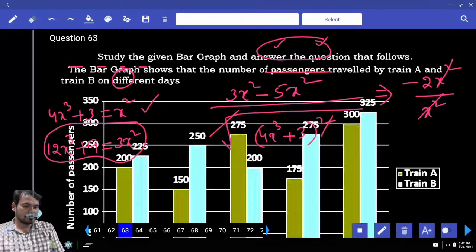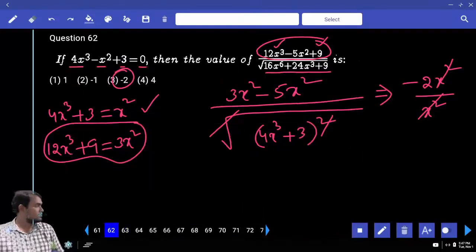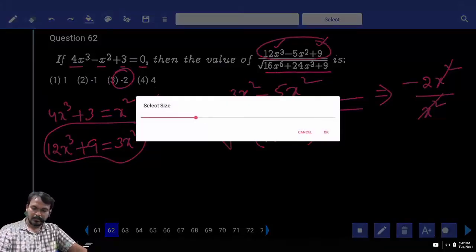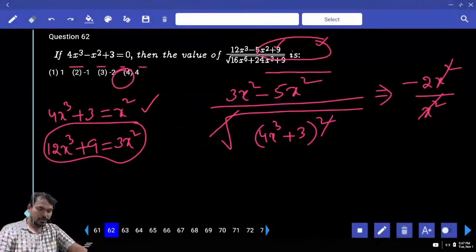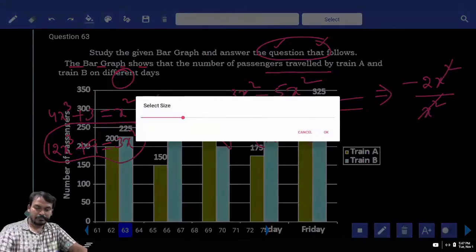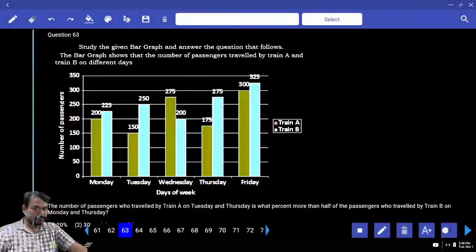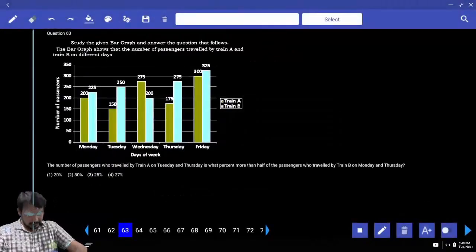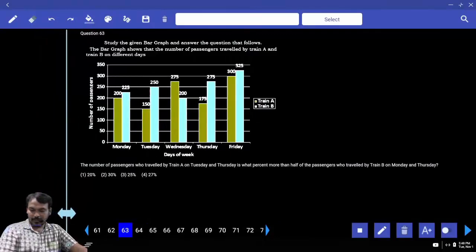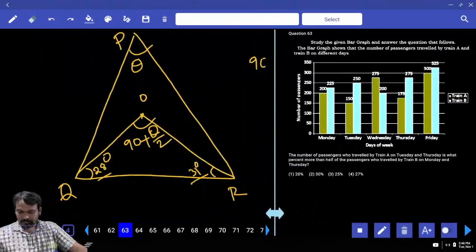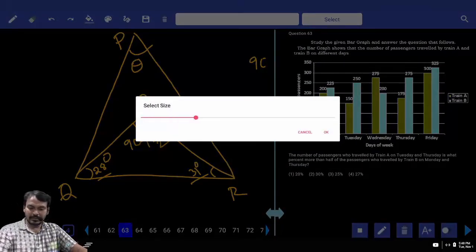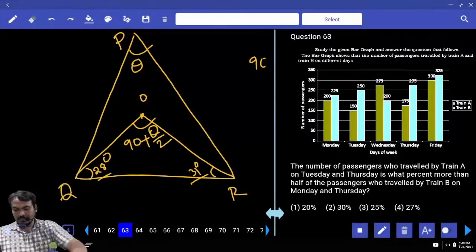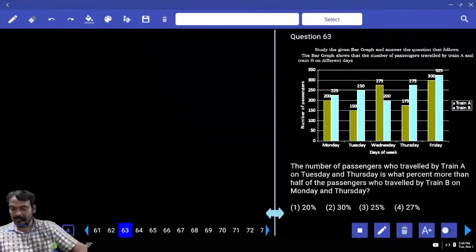Next question number 63. Again bar graph. The number of passengers who travelled by train A on Tuesday and Thursday is what percent more than half of the passengers who travelled by train B on Monday and Thursday?